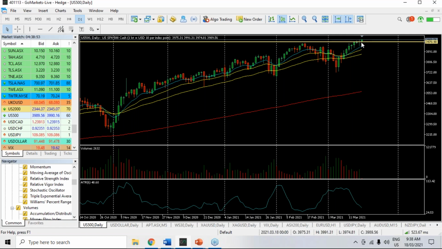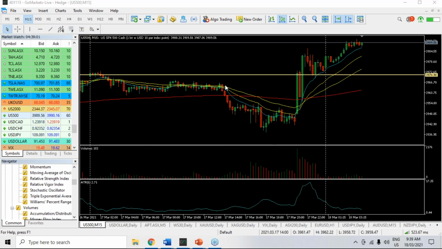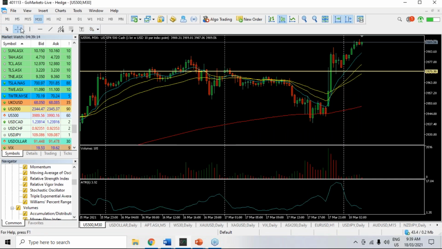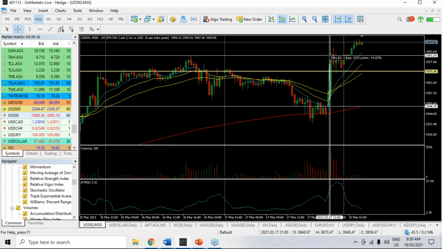And you can see there's the record highs and some follow through in Asia, that positive start to the session. And I'll just put this on a 15-minute chart just to show you in a little more detail what happens. So this is pre-Fed. Markets getting more and more nervous as that press conference comes closer. So let's put on a 30-minute chart. But you can see the impact of the Fed.